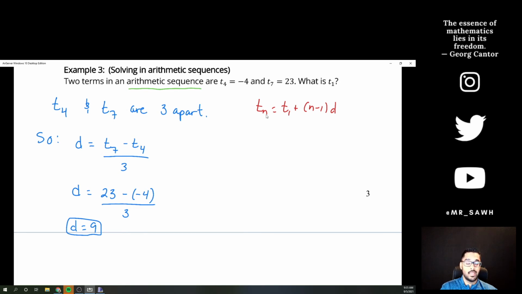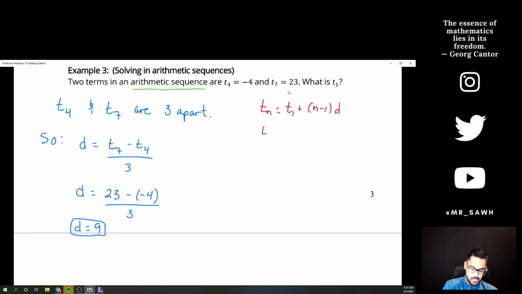The Tn is basically a placeholder for any term in the sequence. So you could use T4, you could use T7, it won't matter. I'm going to choose T7 because the number's positive. Negatives sometimes cause a problem for some people and we forget how to deal with them, so let's stick to a positive one. So I'm going to say that T7 is 23.